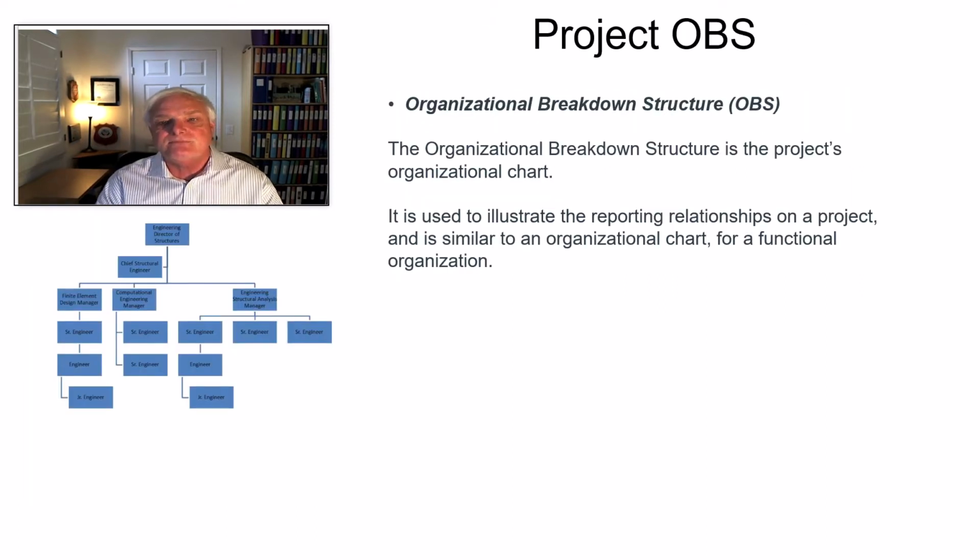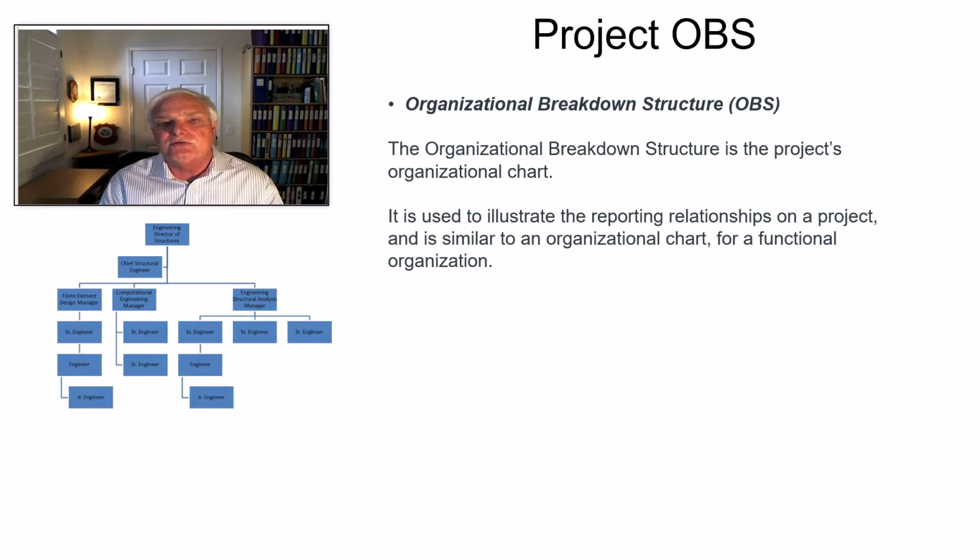Now, let's talk about some of the ways that we put projects together. There's something called a project OBS, an organizational breakdown structure. It's a functional chart that shows all of the people broken down by organizations. The OBS shows you, from I'll call it a 10,000-foot view, what resources you have available in an organizational breakdown.